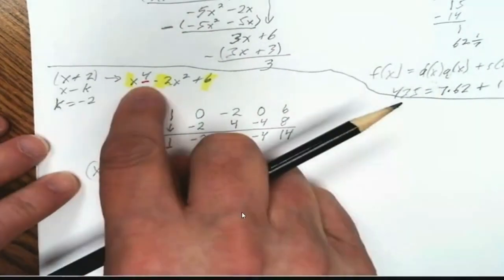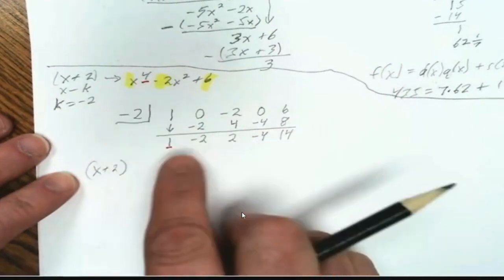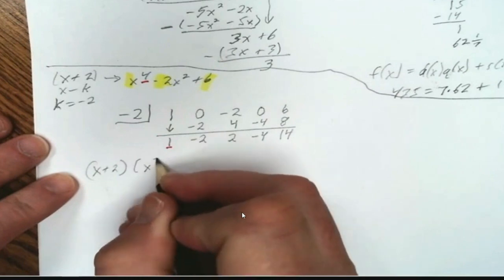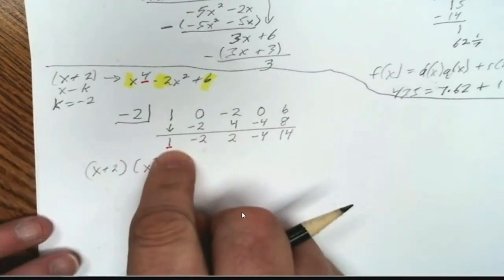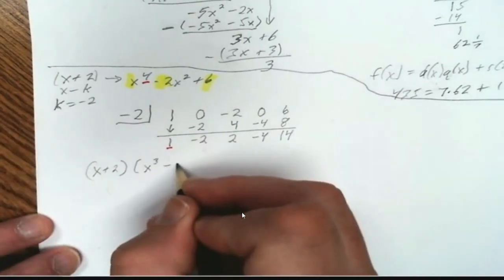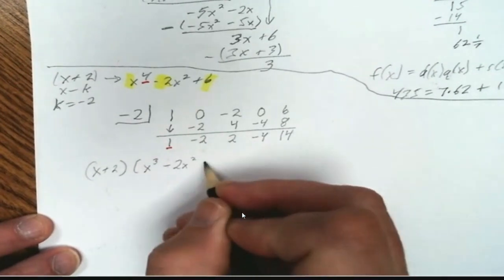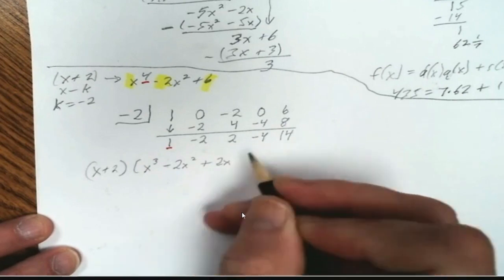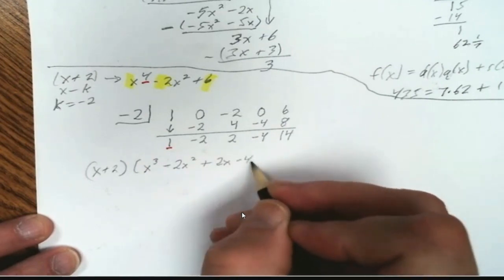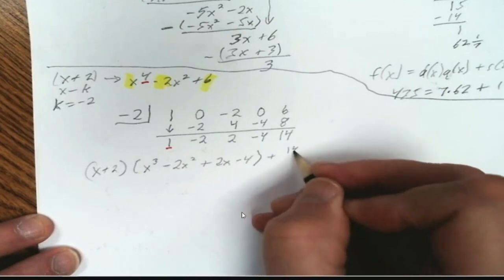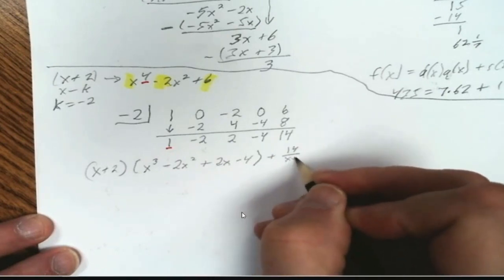So we subtract 1 from this. So the coefficient's 1. So it's 1x to the third, minus 2x squared plus 2x minus 4. And we have a remainder, plus 14 over x plus 2.